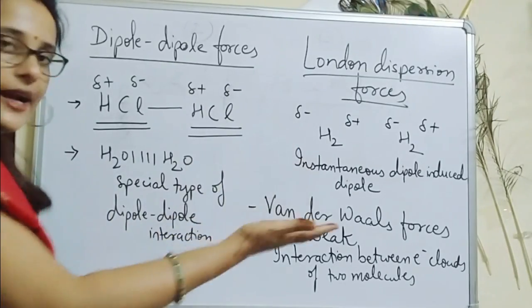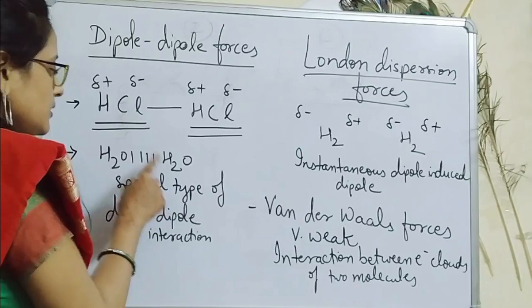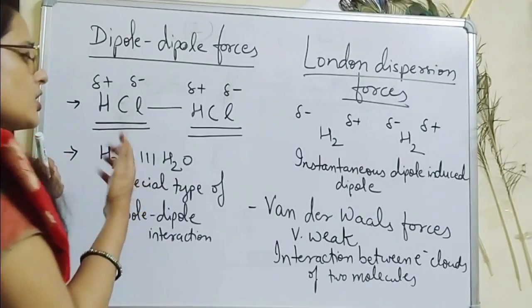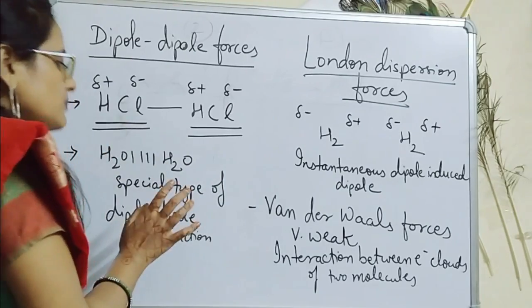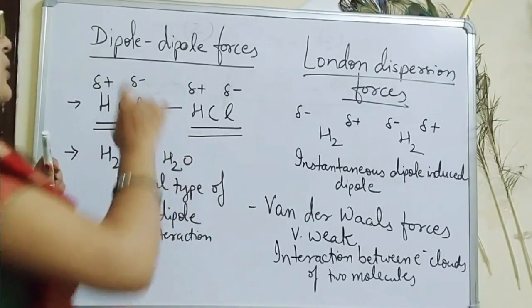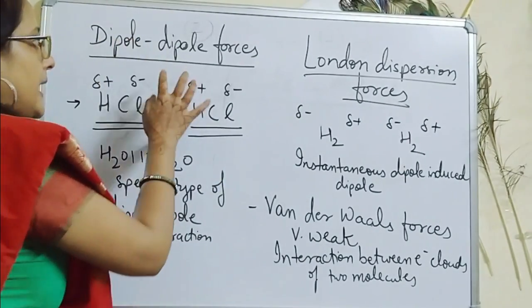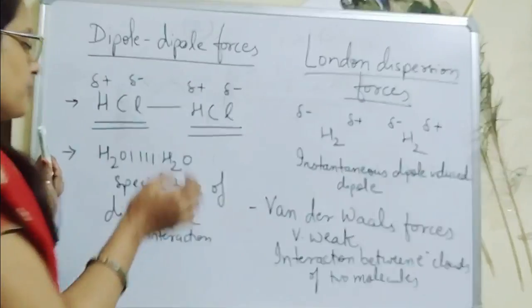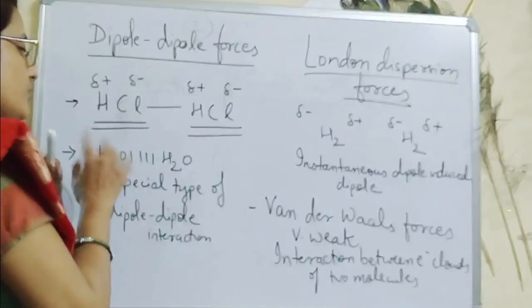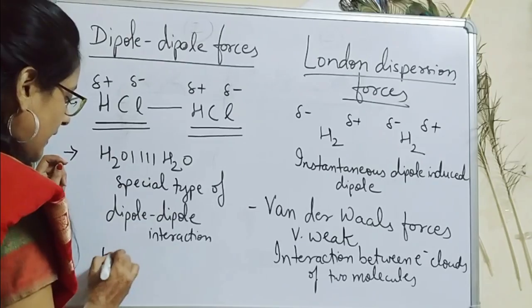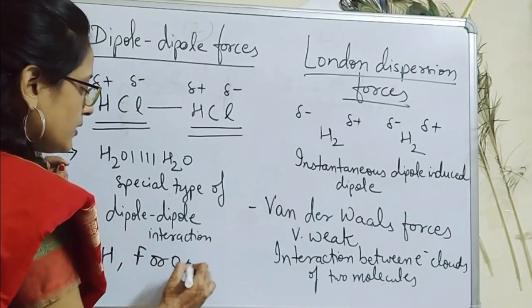We have already seen hydrogen bond. In hydrogen bond, what happens? This oxygen interacts with hydrogen, and a water molecule is also a dipole. Another water molecule is also a dipole. So hydrogen bond is also a type of dipole-dipole interaction. The difference between a pure dipole-dipole interaction and hydrogen bond is that hydrogen bond is formed only between two molecules when the molecules have H and F, oxygen or nitrogen.